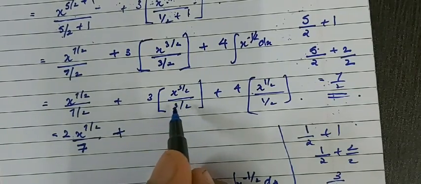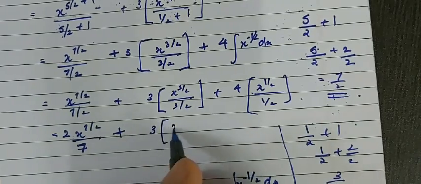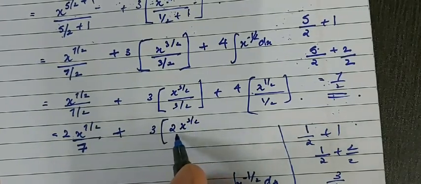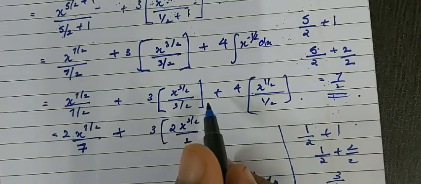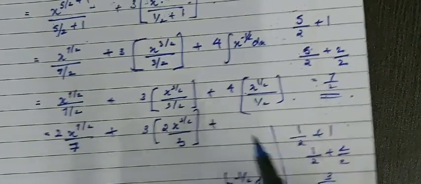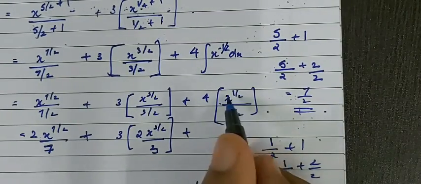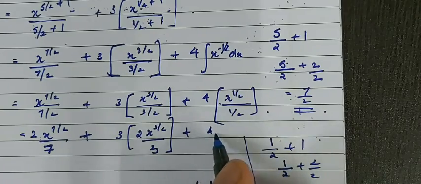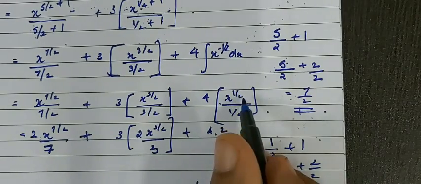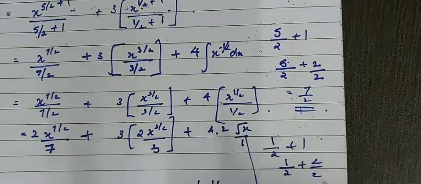This 3 will stay down and this 2 will go up. So 3 into 2x raised to 3 by 2 by 3 plus here, this 2 will go up. So 4 into 2 x raised to 1 by 2 is what? It is root x, and this 1 will stay here.